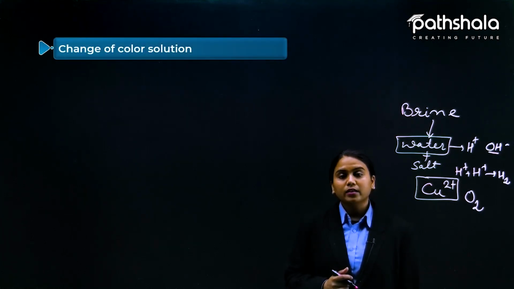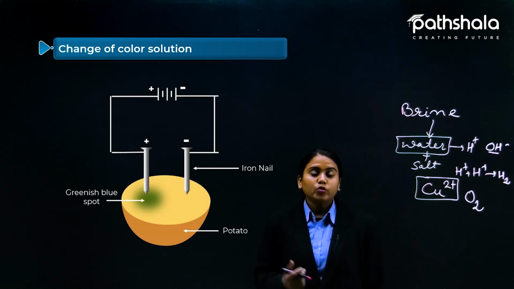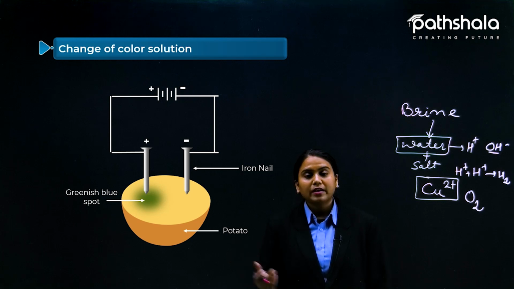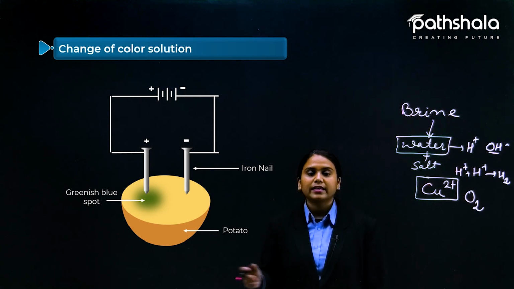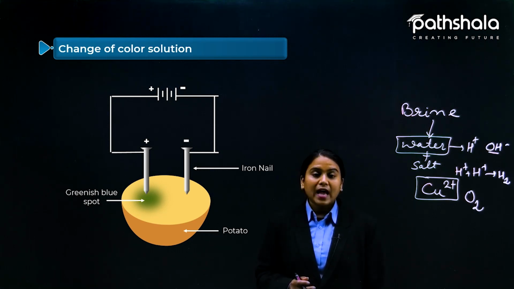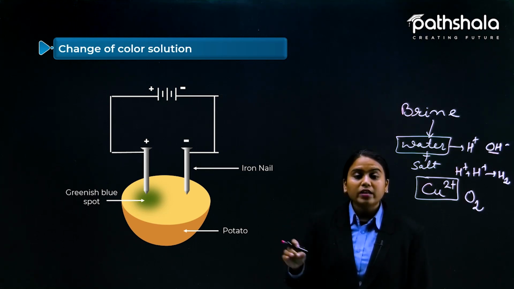Now let us see the third, that is change of color of solution. This example you can also try at your home. Here we are having two iron nails and we have inserted them into a potato. That makes a spot around the anode.